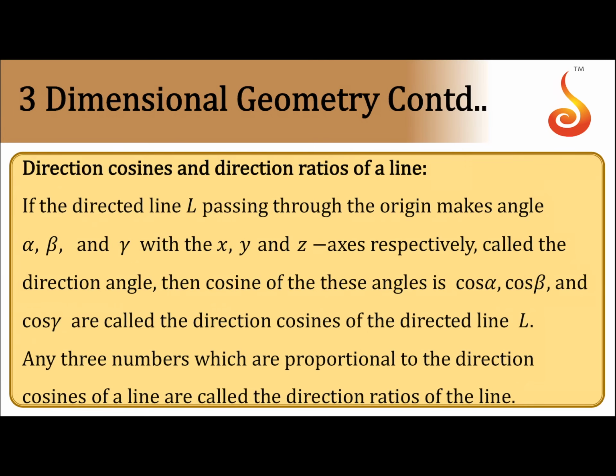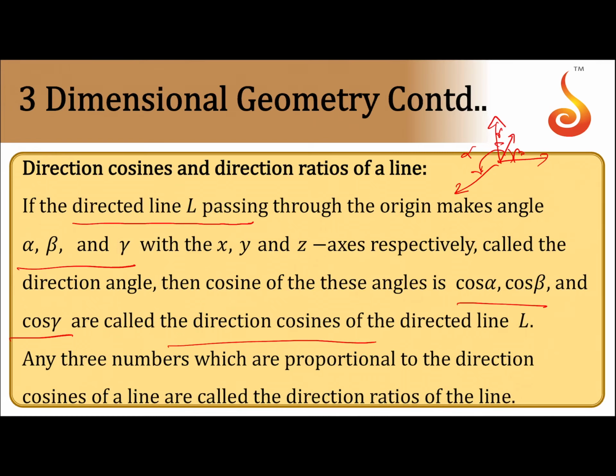Coming to the next important concepts, the direction cosines and direction ratios. If a directed line segment makes angles alpha, beta, gamma with the coordinate axes, then cos alpha, cos beta, cos gamma are called the direction cosines of the directed line segment.